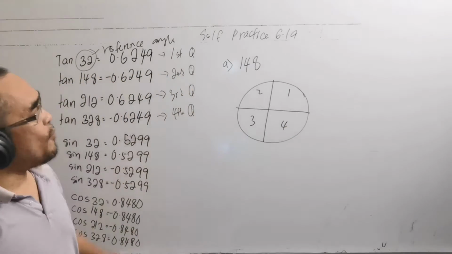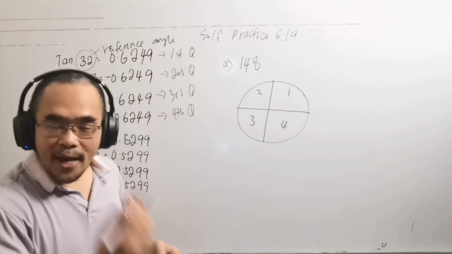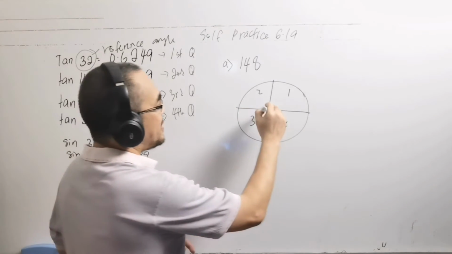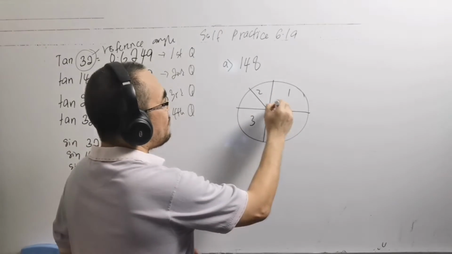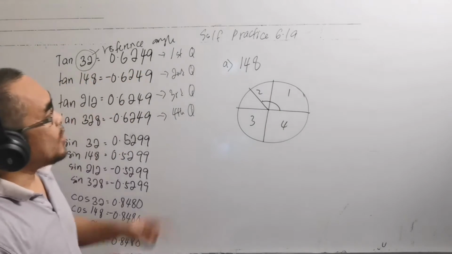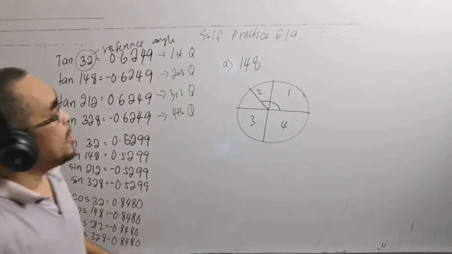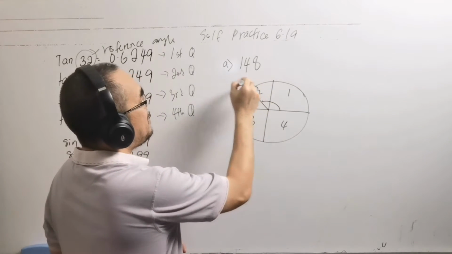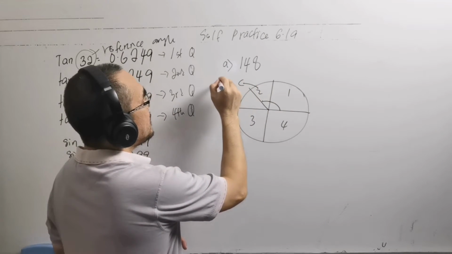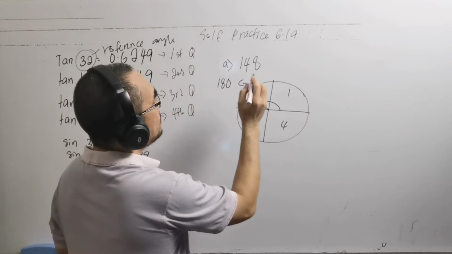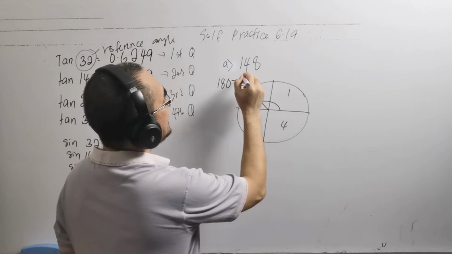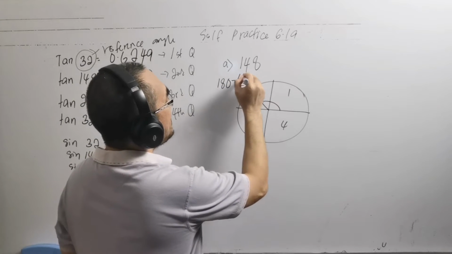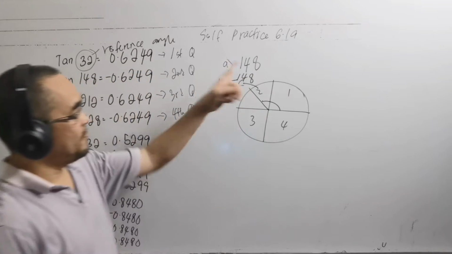Okay, so 148, this is the angle in the second quadrant. To get back to 32 from the second quadrant, it will be 180 minus the value, 180 minus 148.